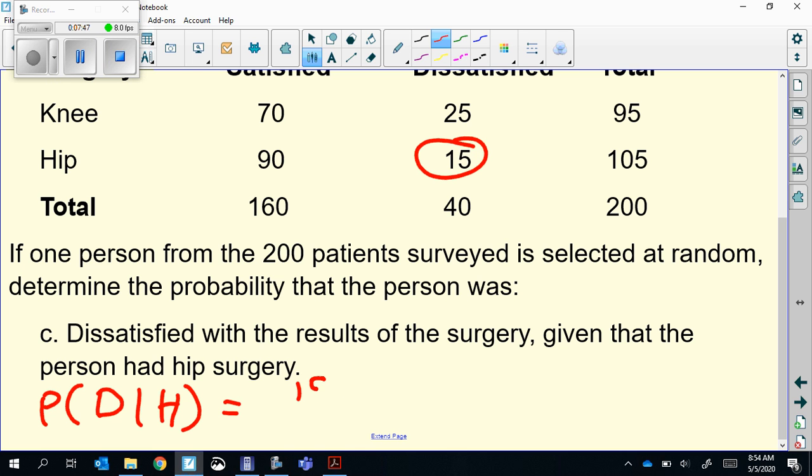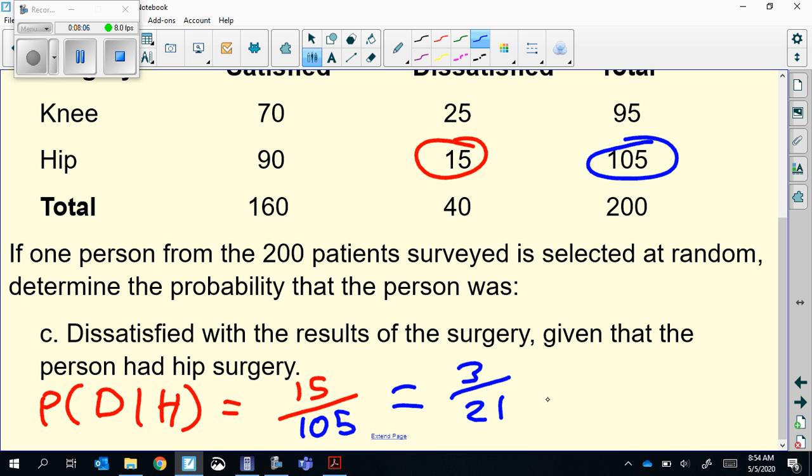So that's 15 out of just the hip surgery piece, 105. And then that can reduce, divide by 5, we get 3 over 21, which reduces to 1/7.